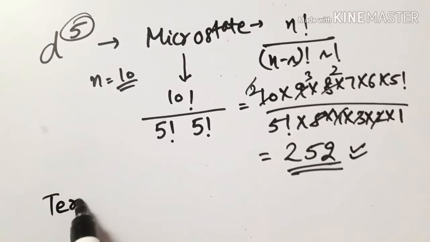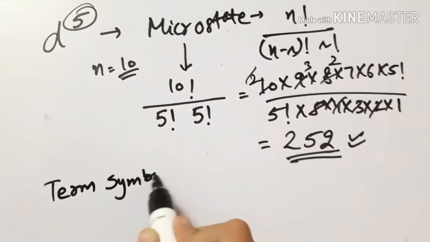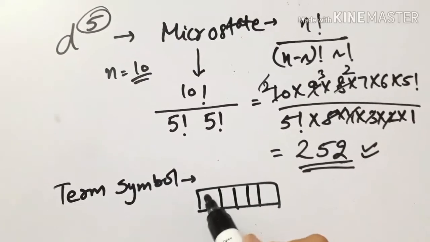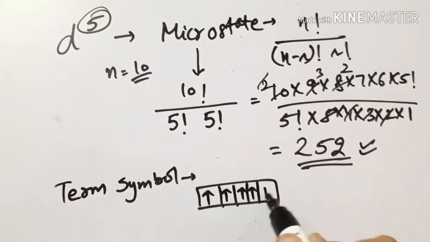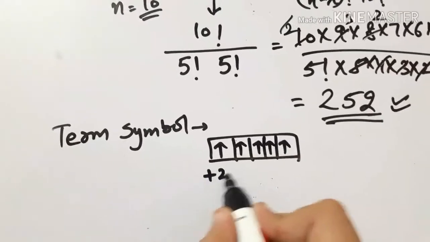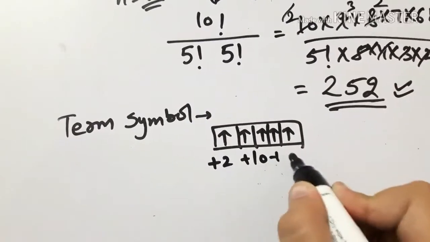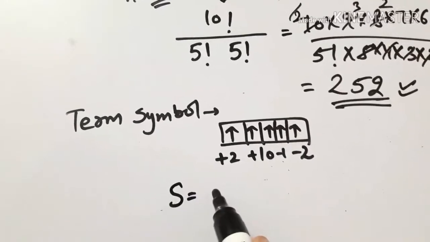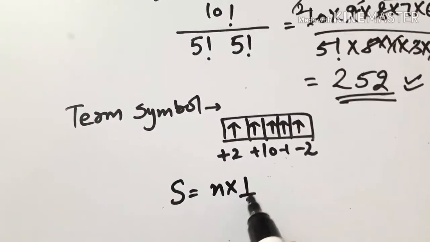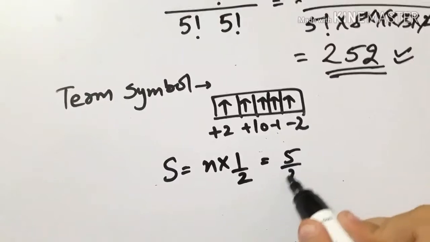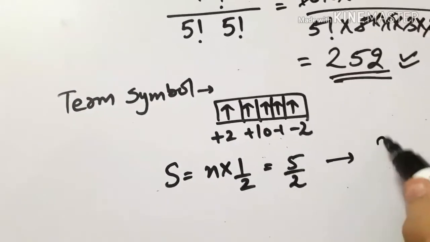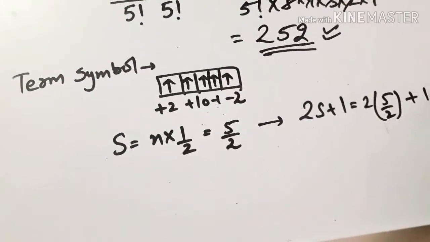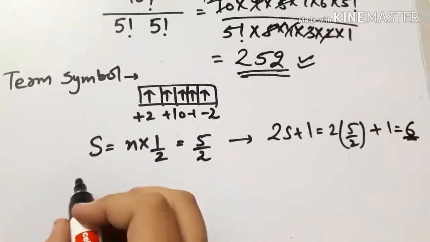Now for finding the term symbol, we have this, 1, 2, 3, 4 and 5. So we have plus 2, plus 1, 0, minus 1 and minus 2, the values of m. So S, that is n into half, that is 5 by 2. 2S plus 1 equals 2 into 5 by 2 plus 1, that is 6. Alright.